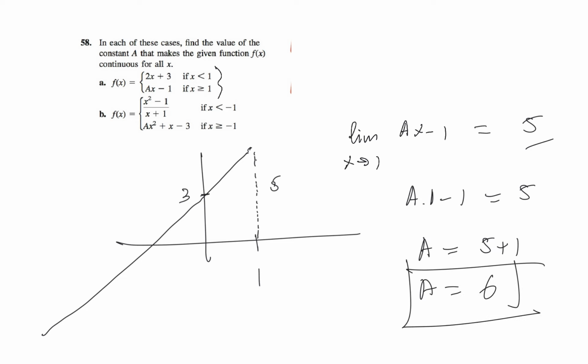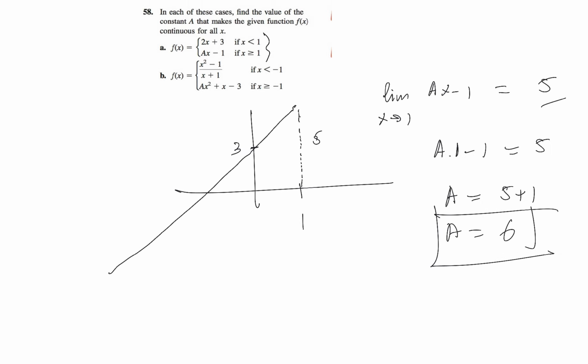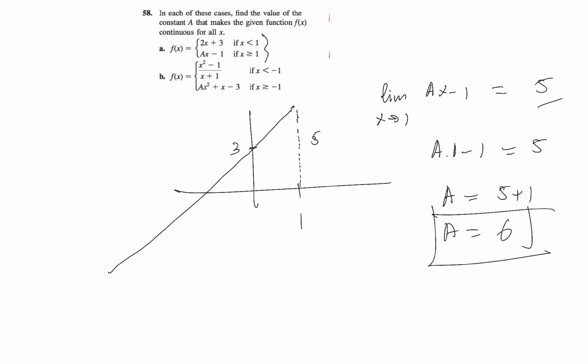If a is 6, the function is continuous. So I have the function 2x plus 3 defined for x less than 1, and 6x minus 1 for x bigger or equal than 1.